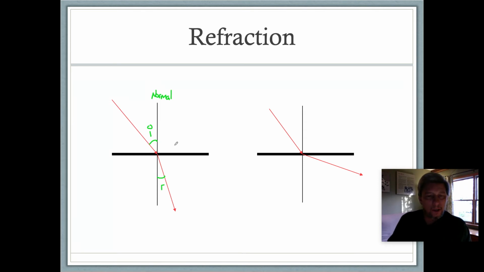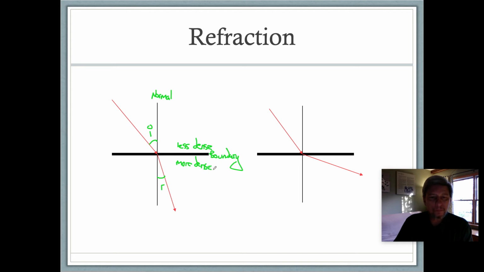This thing right here represents the boundary, and the boundary itself is between, in this case, a less dense medium and a more dense medium. So for example, we might be traveling between air and glass or air and water. It has to do with the density here.